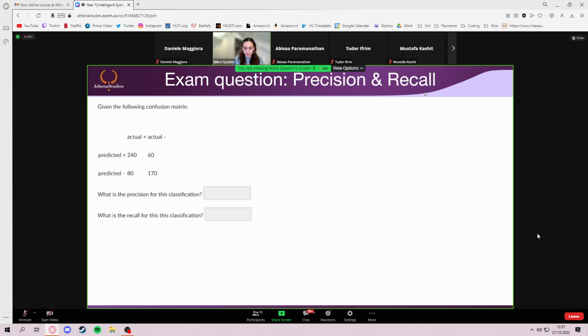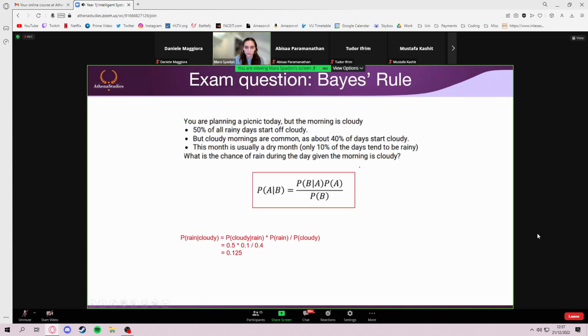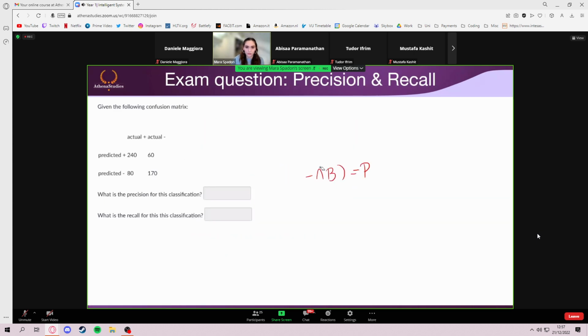On the cheat sheet you have conditional probability, so it's not there directly, but it says... oh no, wait, that's another one. Or is it? Yeah, it is another one, never mind.